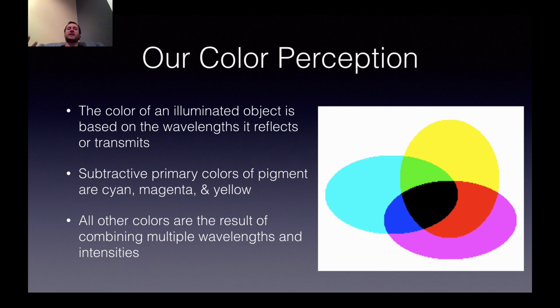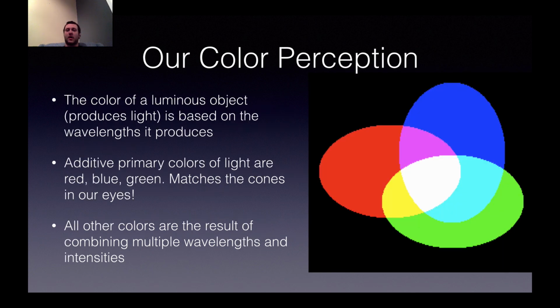And what we see on an illuminated object is the color that it either reflects or the color that it allows through. That's going to be known as selective reflection or selective transmission. So our subtractive primaries of pigment are cyan, magenta, and yellow, which, if we go back to the previous slide, are the colors that we can mix to create here. Also note the red, blue, and green.